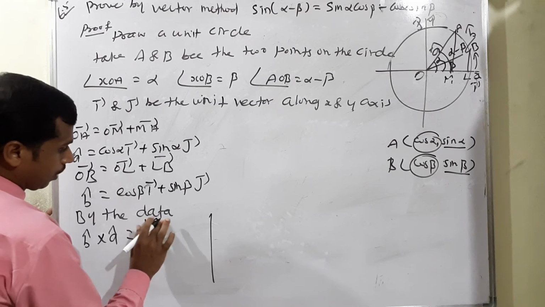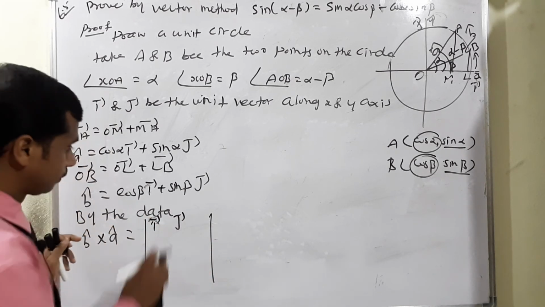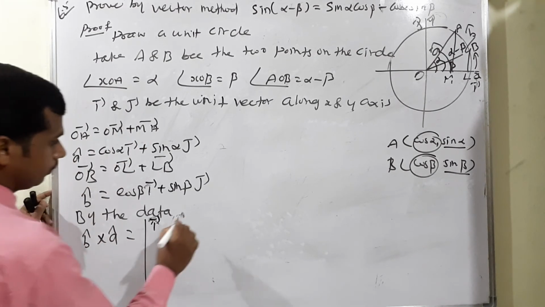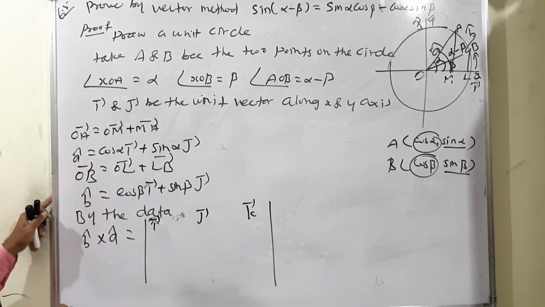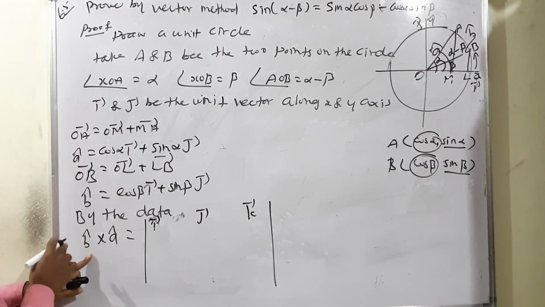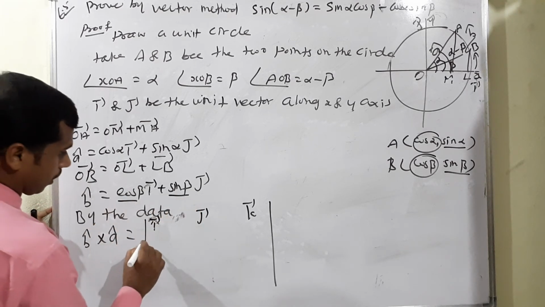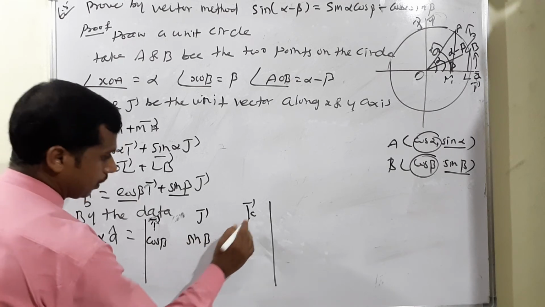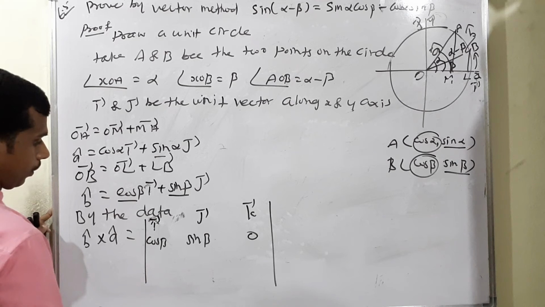So i vector, j vector, and k vector. For the i vector row, the B vector terms are cos beta, sin beta. For the k vector we don't have a value, so I have written 0.